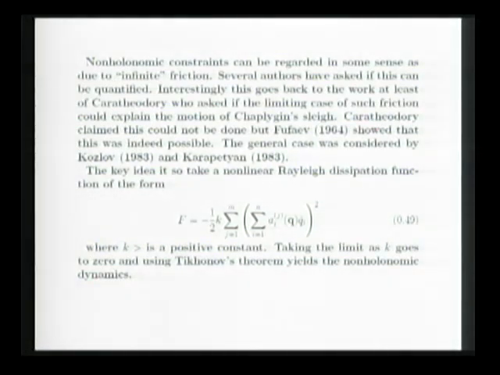The idea here is to take a nonlinear Rayleigh dissipation type function that is just the square of the constraints, where sigma a, j, q, i dot is the constraints. You saw earlier for the Lam system a simple Rayleigh dissipation. This is a nonlinear dissipation. The idea is just to take the limit of this thing as it goes off to infinity and to enforce the constraint rigidly. And using Tikhonov's theorem for singular perturbations, you can actually get the non-holonomic dynamics.